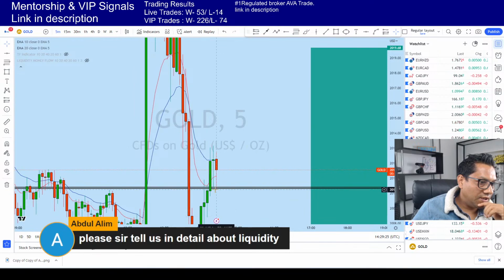So when you see a test and then a long wick, it means that buying is happening here.